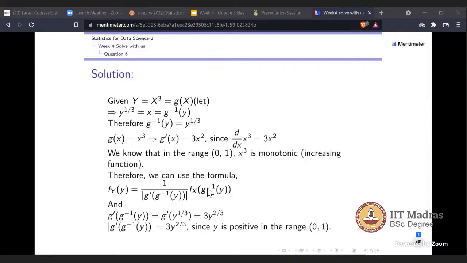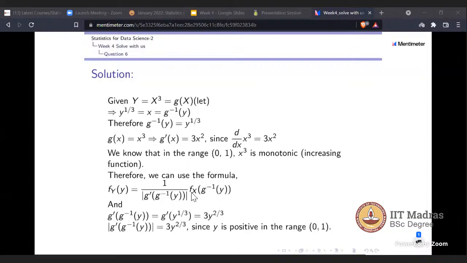G inverse of y over here is the cube root of y. It is just expressing x in terms of y. So in this case, your g inverse of y is the cube root of y, and what is your fx? It is 3x square.